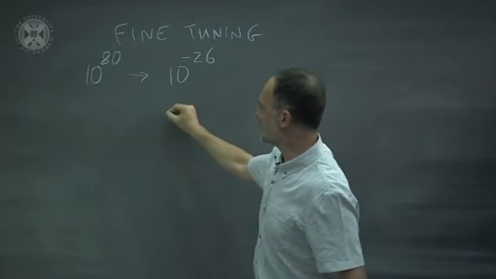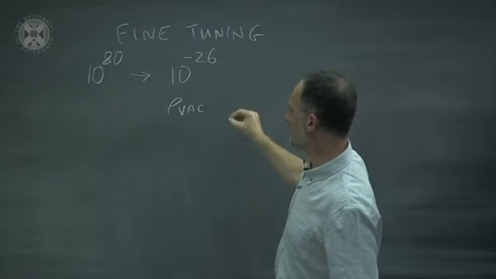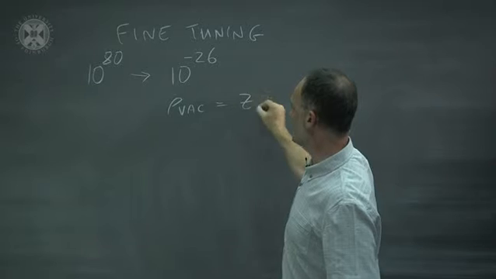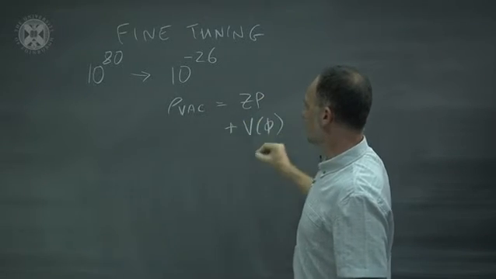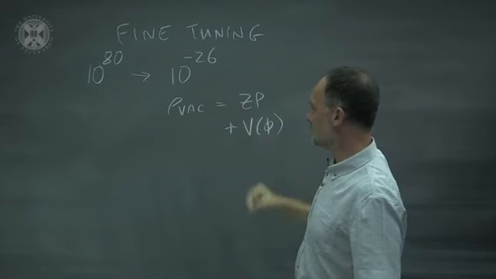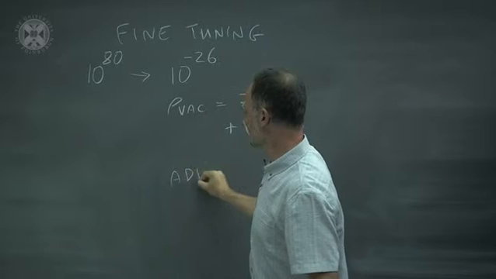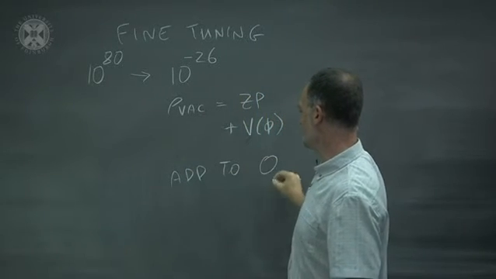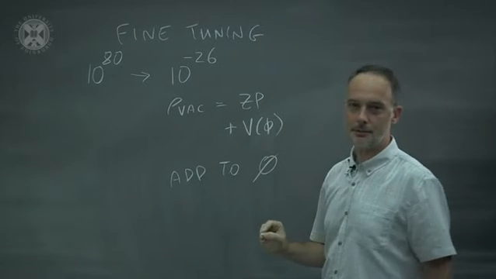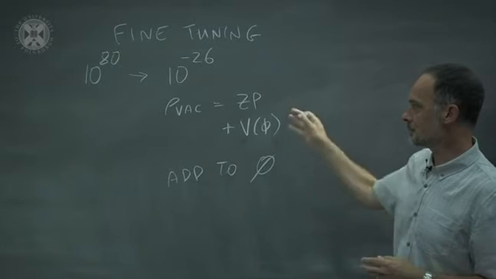And this is a puzzle because the vacuum density today is a combination of many different contributions. It's the 0-point fluctuations I talked about, plus the scalar field potential, and there could be many such contributions. And somehow they all cancel to 0, but not quite 0, some very small residual number. It sounds like there's a conspiracy between all these contributions.